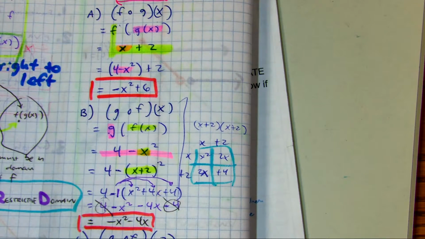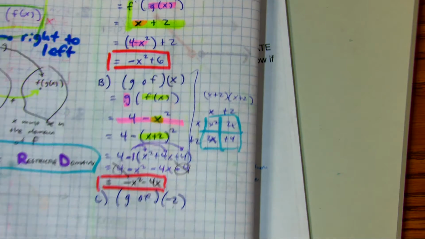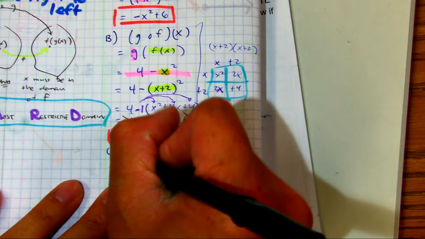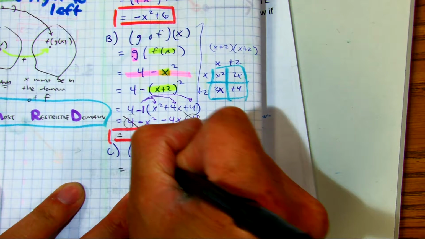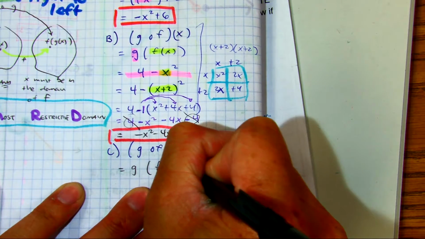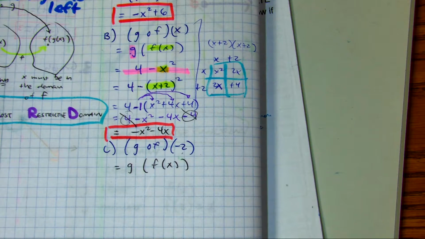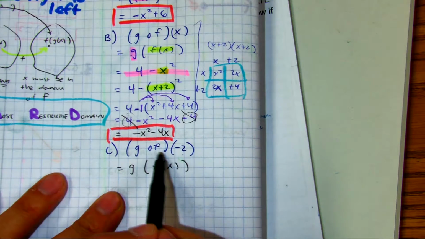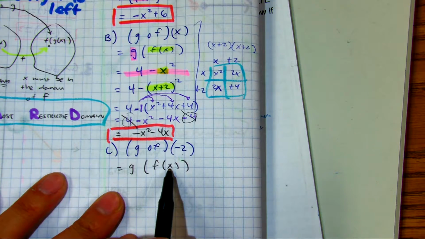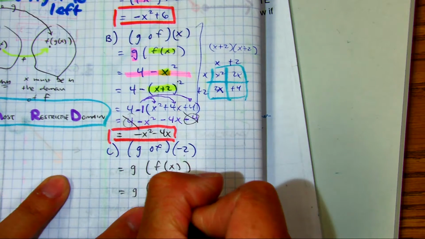G of f of -2. Let's write that. G of f of x. But really what they want us to do is instead of just leaving this as x, you're going to put what? You're going to put a -2.